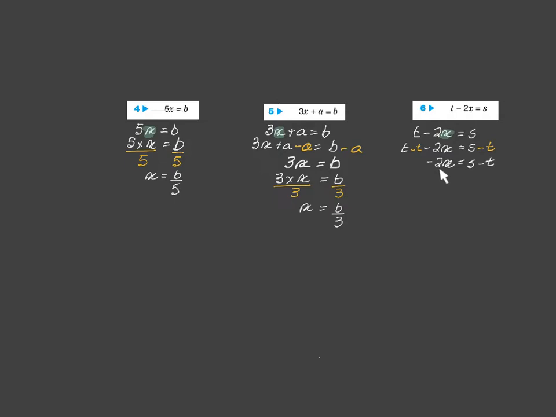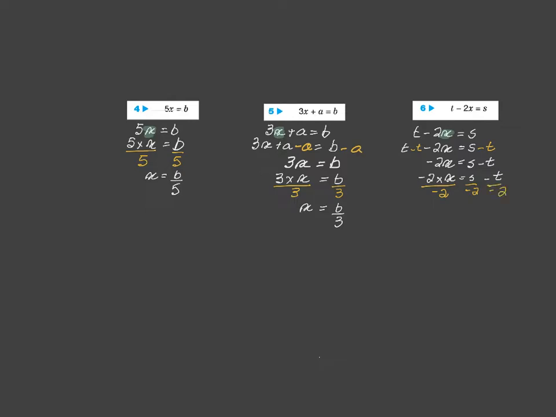On the left, I have negative 2 times x is equal to s minus t, and I want x by itself. So I'm going to divide both sides by negative 2. On the left, you've got negative 2 times x, so we're going to divide by negative 2, so that the negative 2 divided by negative 2 will give us 1. And then we must remember to divide by negative 2 with both of those terms.